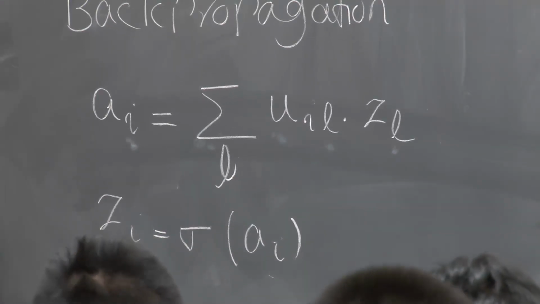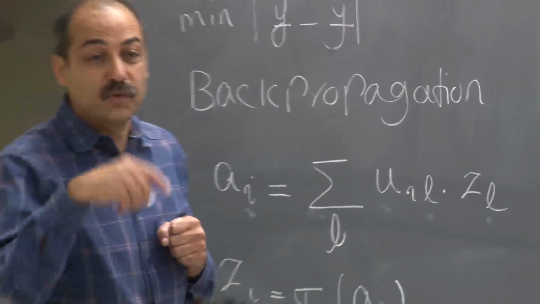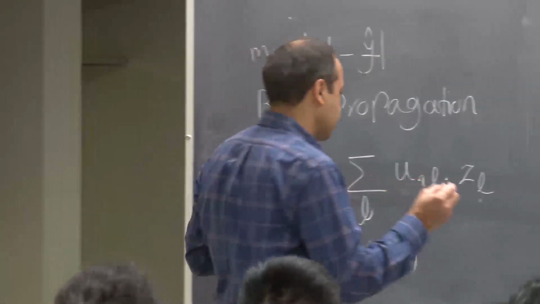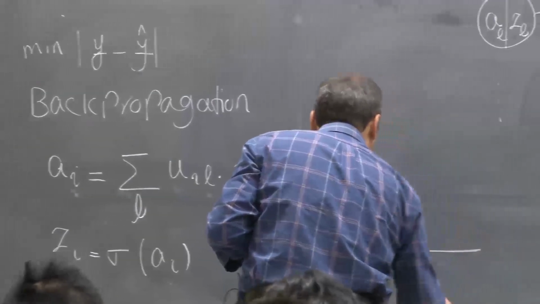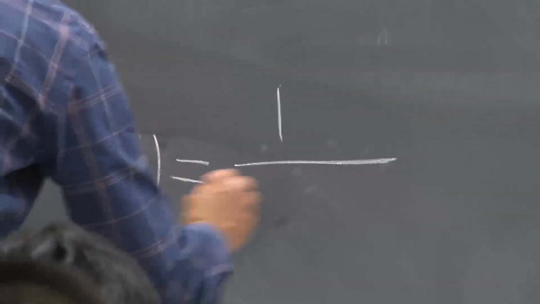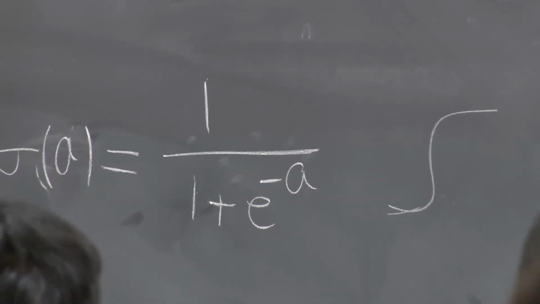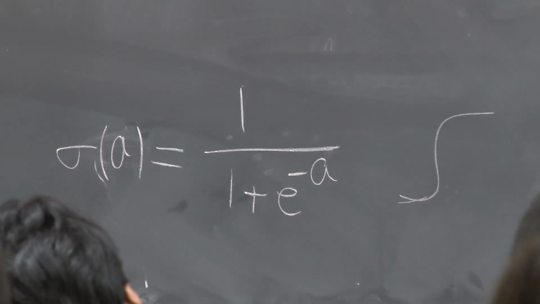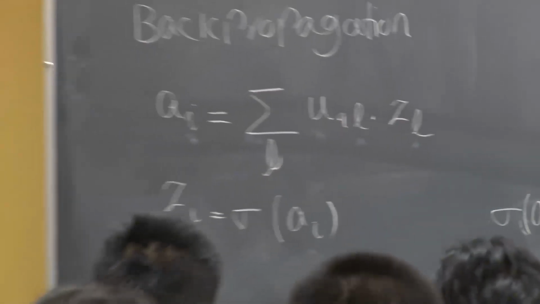This function in perceptron was a sine function, but here usually we have a smooth version of the sine function. For example, this is our function: sigma(a) is 1 over 1 plus e to the power of minus a. So it looks like sine, but it's smooth. So you can take the derivative of this. It's differentiable. So is it clear so far? Any question?